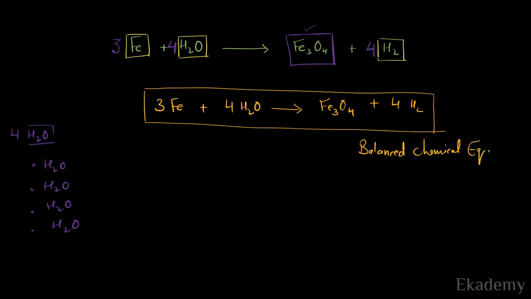Okay, we will see a few more examples of balancing. So for the first example, let us again take the example of a burning reaction, which is the burning of methane, let us say CH4. So this is the second example.